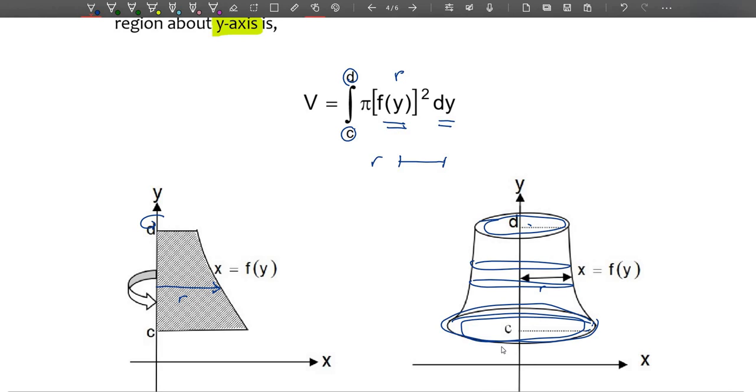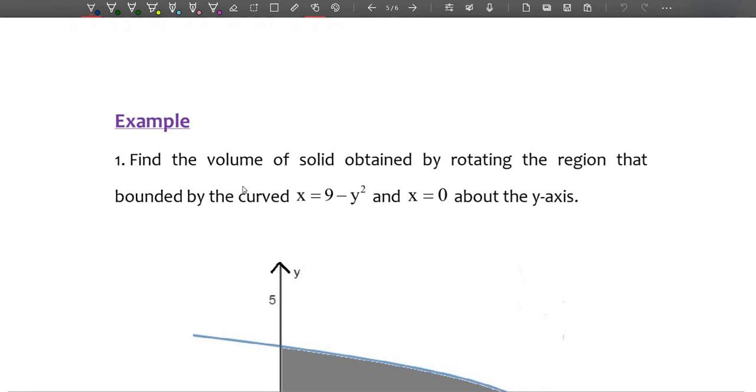Since it is a circle, the area of a circle is pi r squared. We apply it here by finding pi f(y) squared.